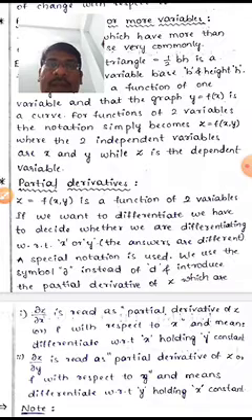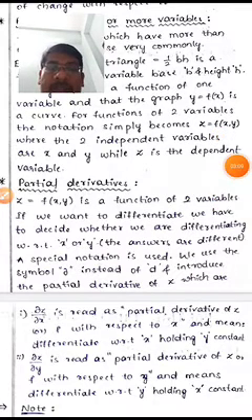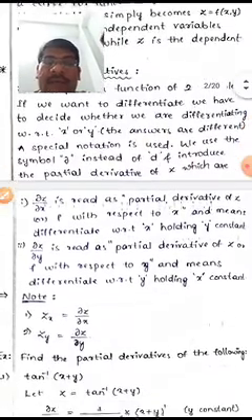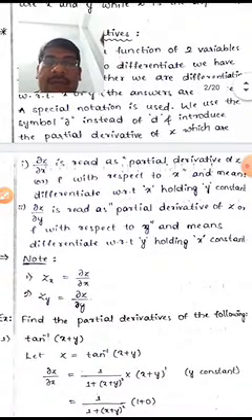That is the partial derivative of z, that means differentiating with respect to x, holding y as a constant. Similarly, dou z by dou y is written as the partial derivative of z with respect to y. That is, here x is a constant. We are differentiating with respect to y, holding x as a constant.